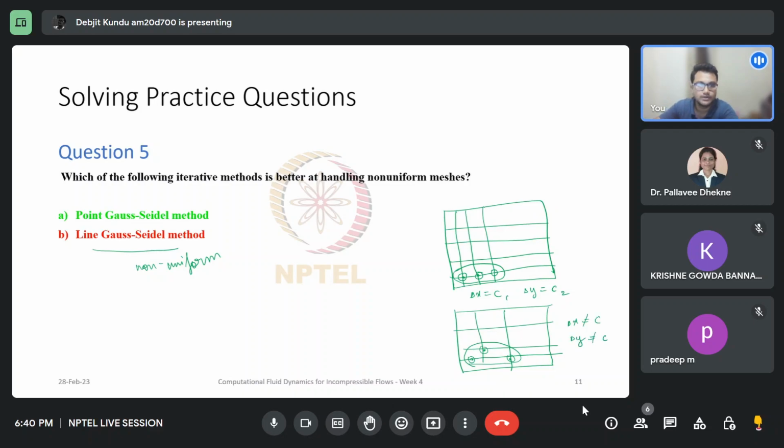So there could be points which are not distributed with uniform spacing in between them. So that results in difficulties while using the line Gauss-Seidel method, which takes multiple points at once and tries to solve them. Got my point?